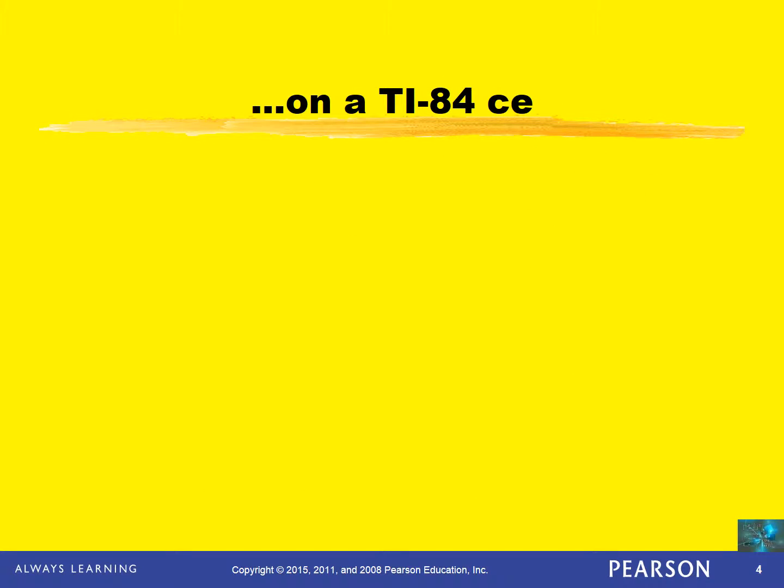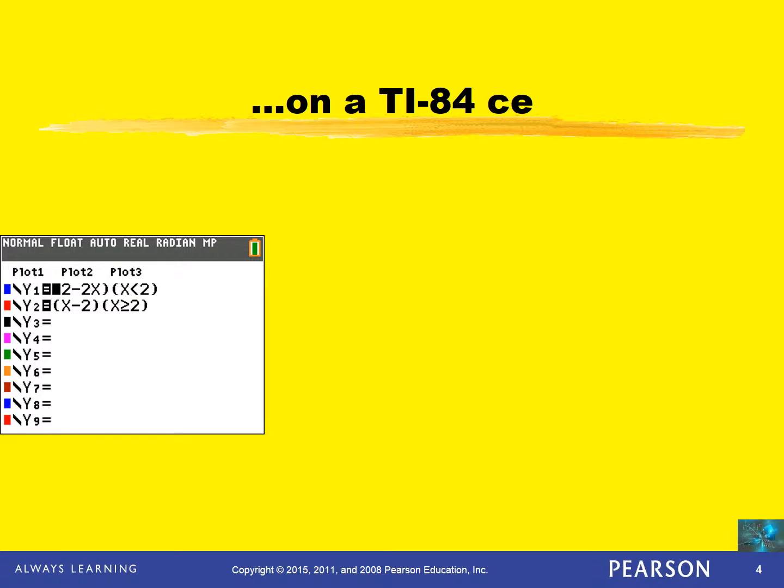On a TI-84 CE graphing calculator, we would do our inputting like this. You need parentheses. Somehow that opening parenthesis on the first one didn't get there, but that's how it's supposed to look. Parentheses around the two rules, and then parentheses around the if parts.